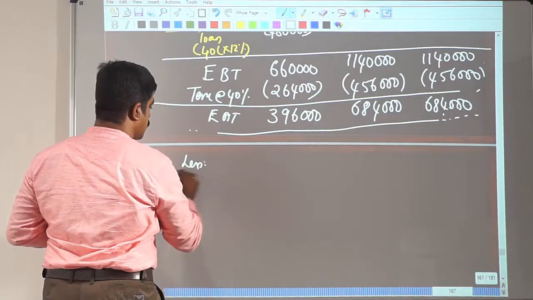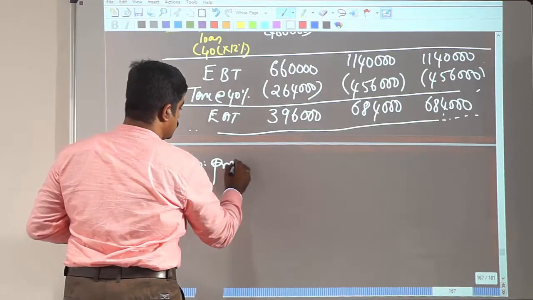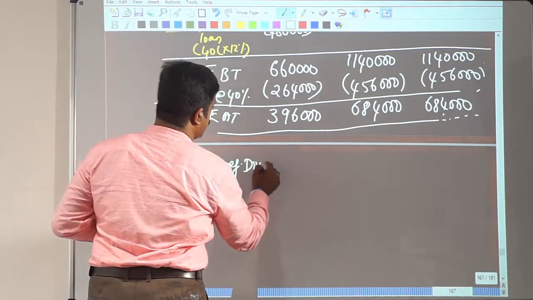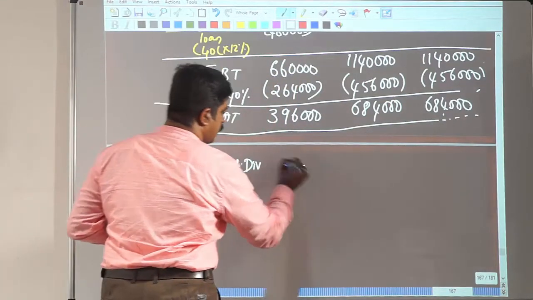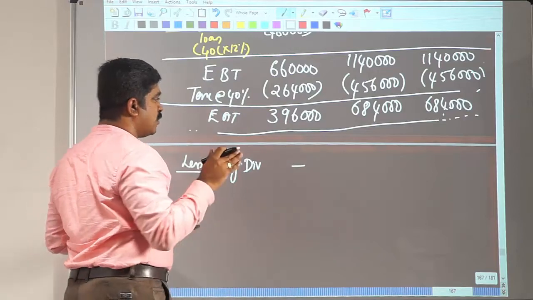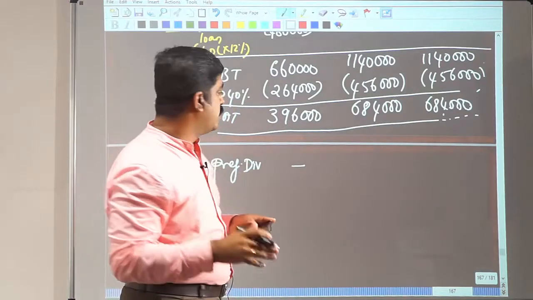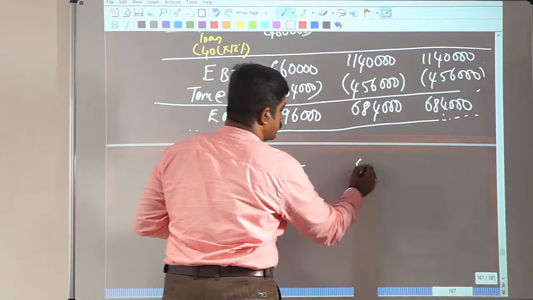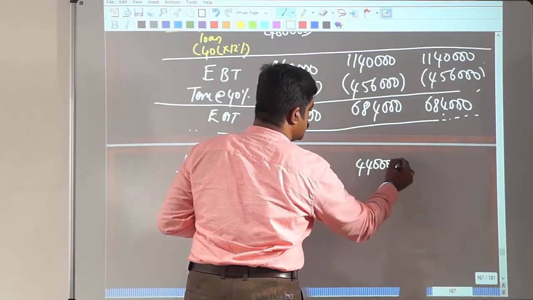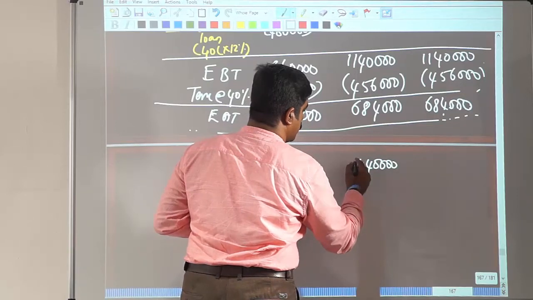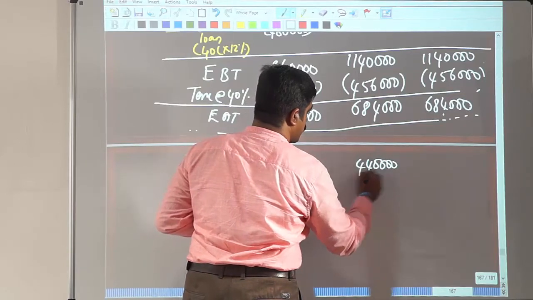Less preference dividend. Preference dividend is applicable only for plan B, and it was not applicable for plan A. It is 40 lakhs into 11%, so we know it is 4,40,000, and for plan C it is not applicable.